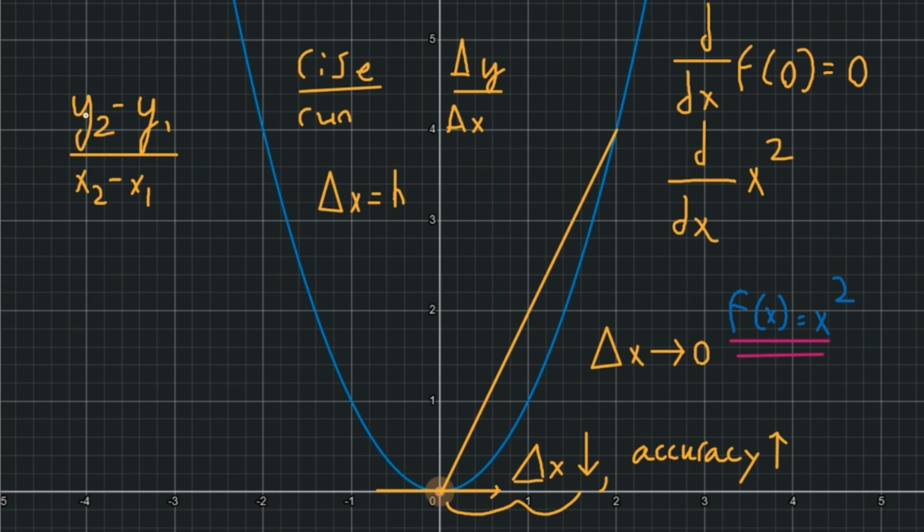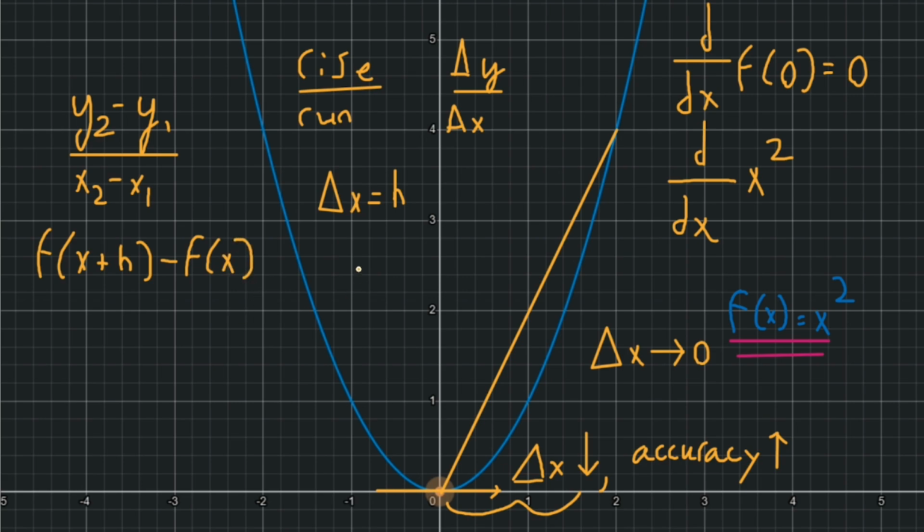So we have y2. So y2 we can think about as being x for just some arbitrary point on our function here, plus h. And then we have minus y1. So y1, that means we would be starting from our point at f of x.